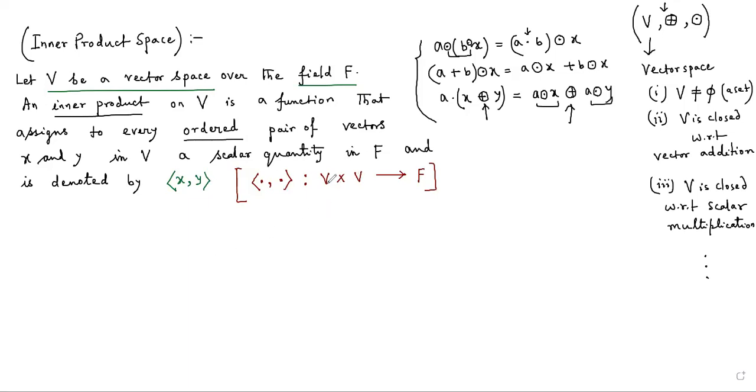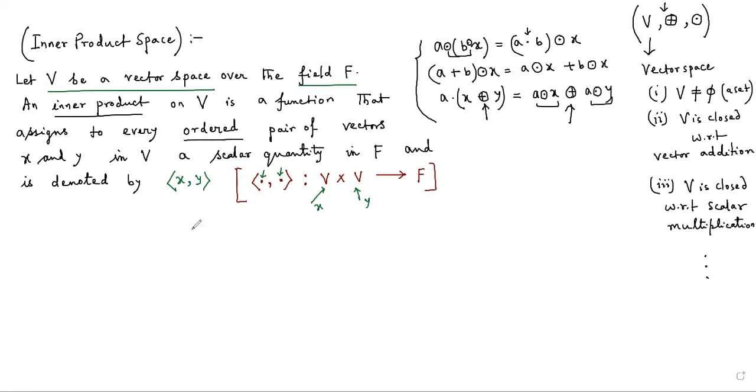We choose two elements, x and y, from V, and we put them in these positions, and we get a number. So the inner product is a number, and since it is a number, it belongs to the field, the set of scalars.